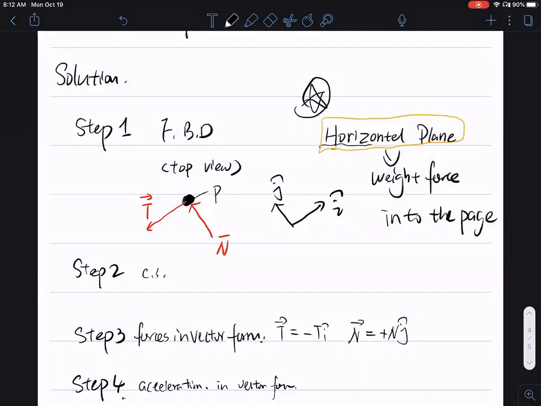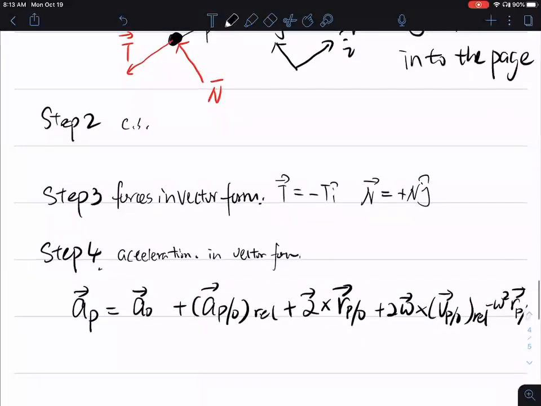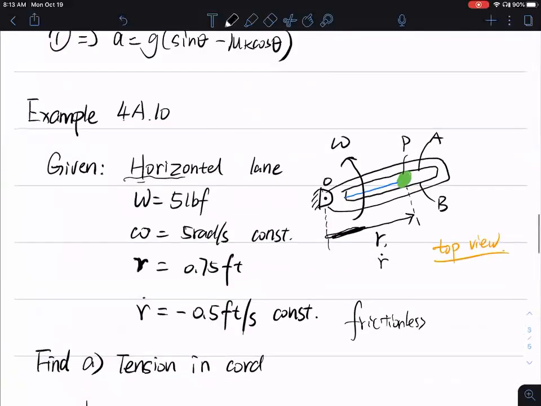When you have a particle moving inside of a rigid body, that's the time we use the equation from chapter 3. AP equals AO plus, and so on. Remind you back here, O is a fixed point on that rigid body. That's a pin point on the rigid body. And particle P is a particle moving inside of the rigid body.